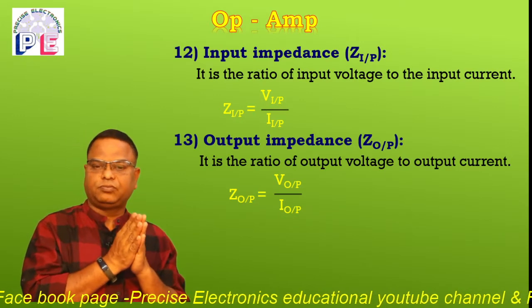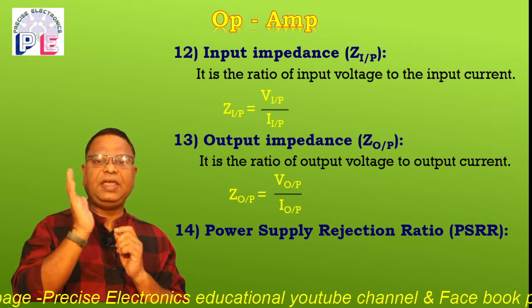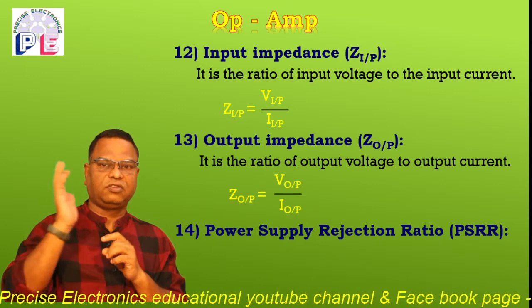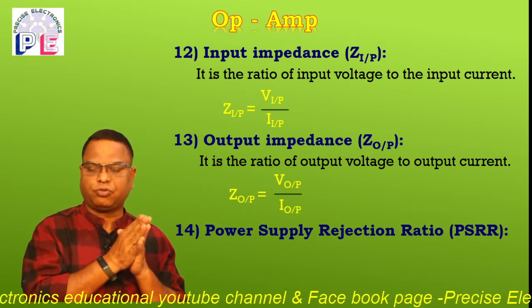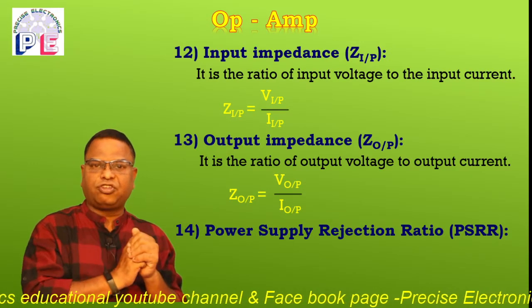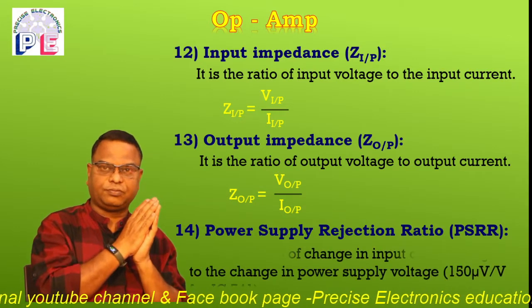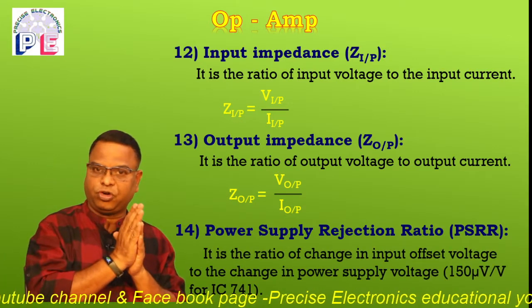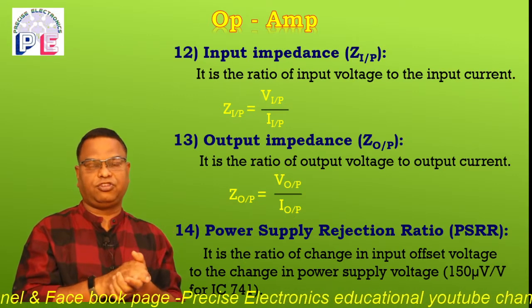Next parameter is the power supply rejection ratio, PSRR. Similar to CMRR, it is PSRR. What is power supply rejection ratio? It is the ratio of the change in input offset voltage to the change in power supply voltage.